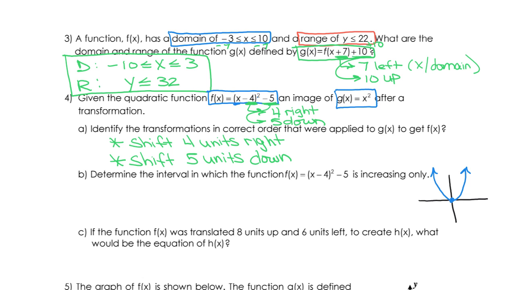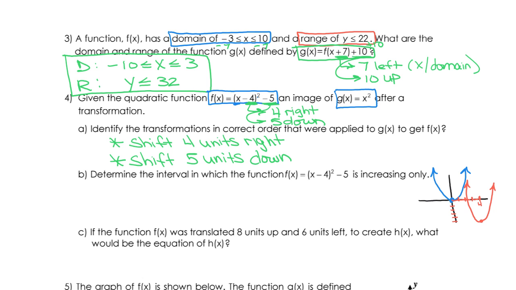But if this whole parabola is getting shifted 4 units to the right, 1, 2, 3, 4, and going 5 units down, 1, 2, 3, 4, 5, your new turning point will be here, and your parabola will look something like this. And so they're asking about which interval it is going to be increasing on.